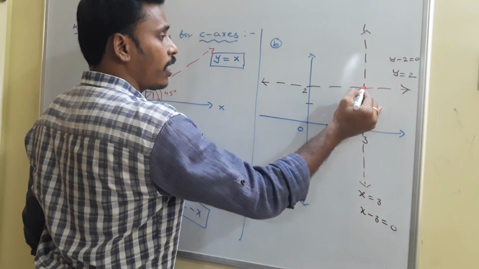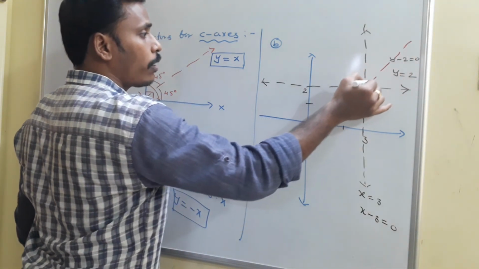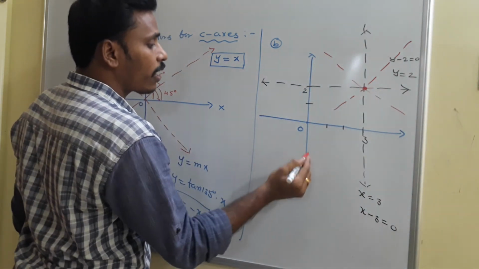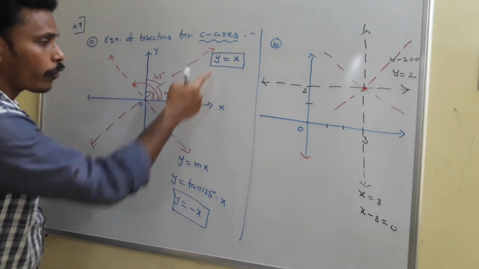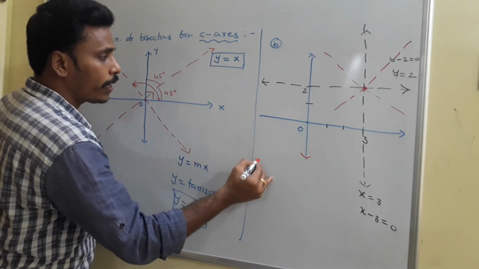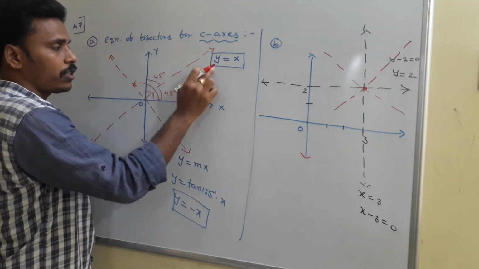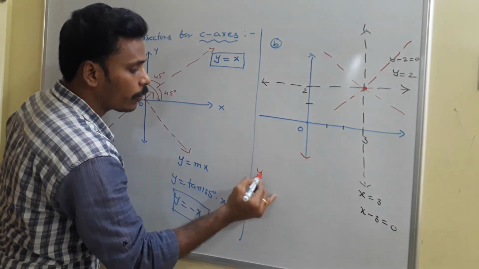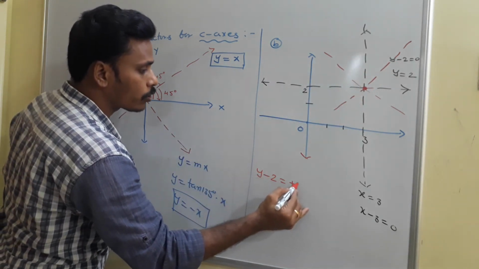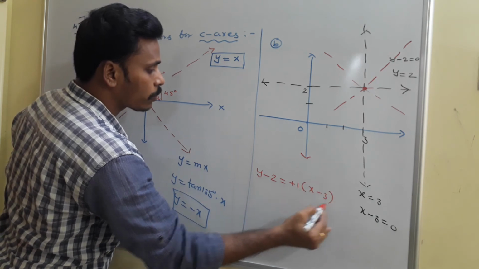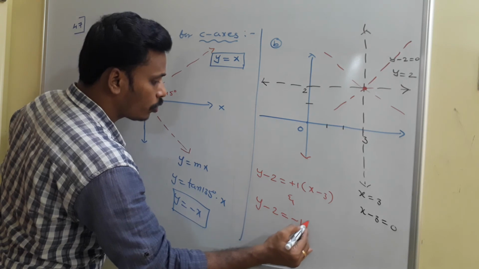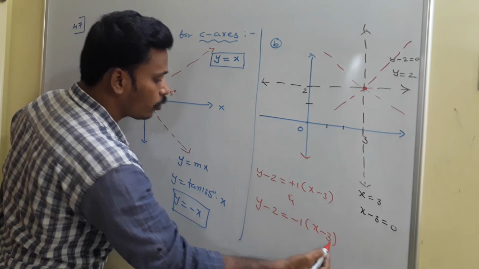Okay, these two lines are intersecting here. So this is one bisector and this is the other bisector, and those bisector equations are of this format. The first equation was y equals x, right? Then for these two lines, one bisector equation is y minus 2 equals plus 1 into x minus 3, and the other bisector equation is y minus 2 equals minus 1 into x minus 3.